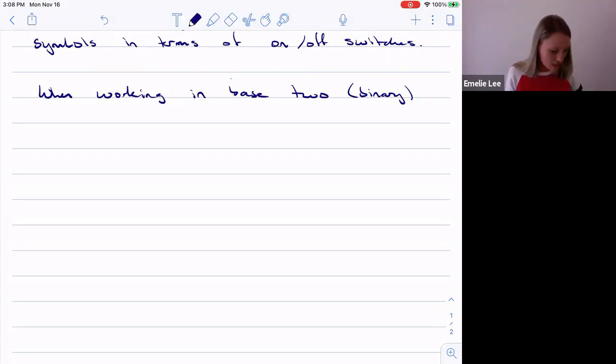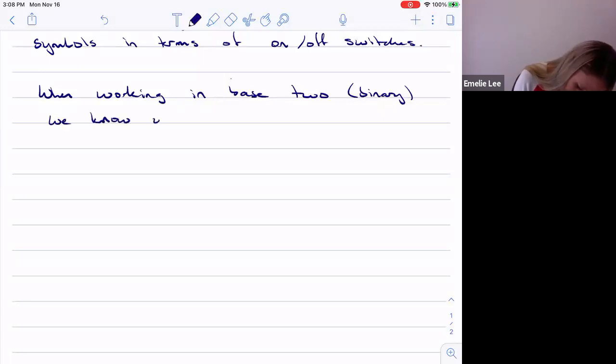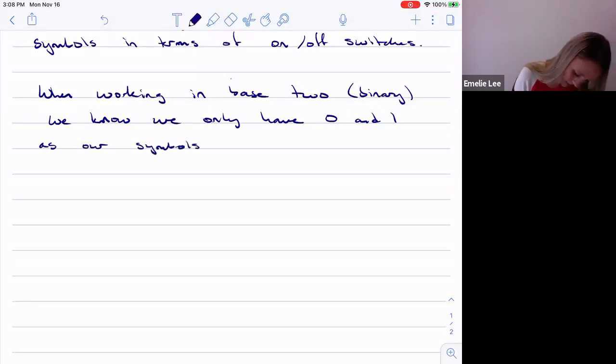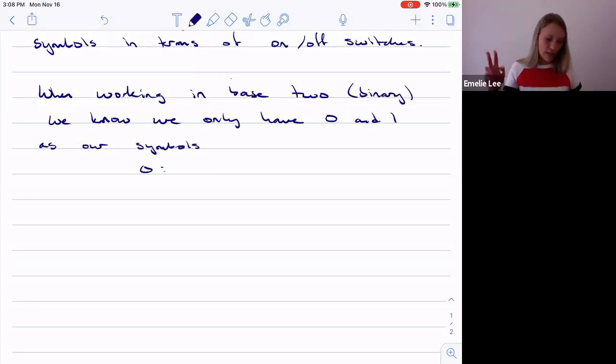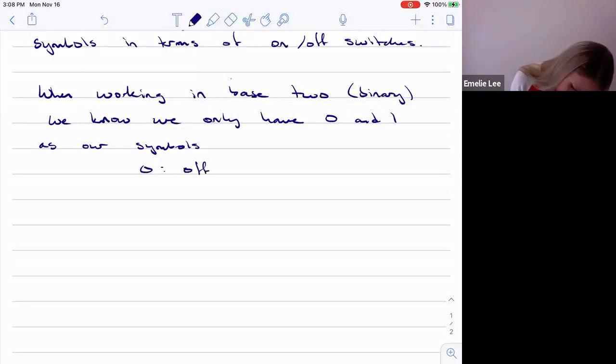So when working in base 2, which is binary, we only have zeros and ones as our symbols, right? So 0 is kind of like an off switch, and 1 is on.